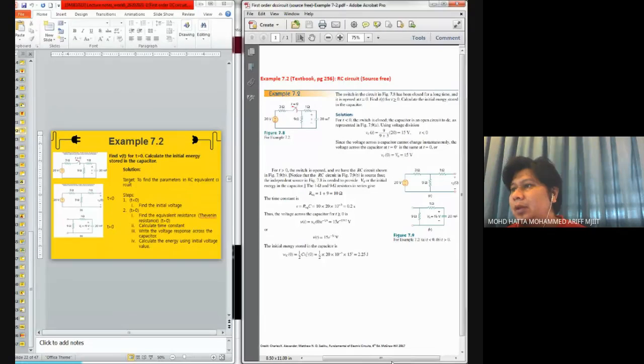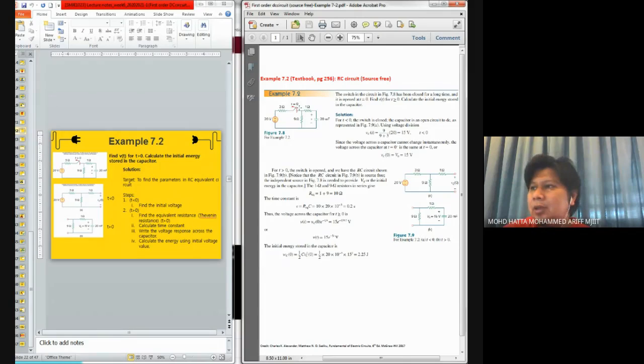All right, for example number 2, now we have a circuit consisting of a switch over here. If the switch is labeled like this, it means that at t equals 0, the switch will be open.